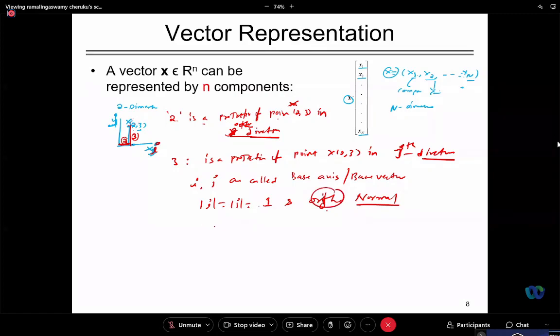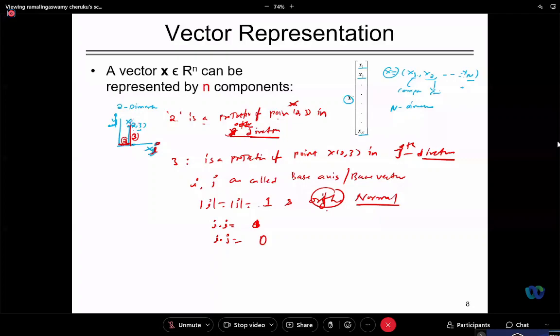So i dot i is equal to 1, and i dot j is equal to 0.